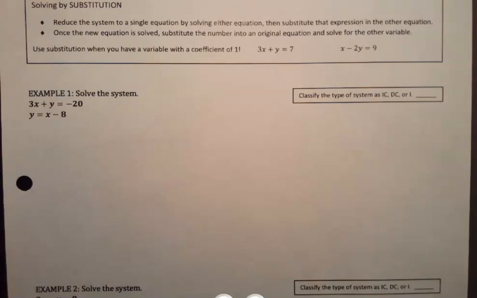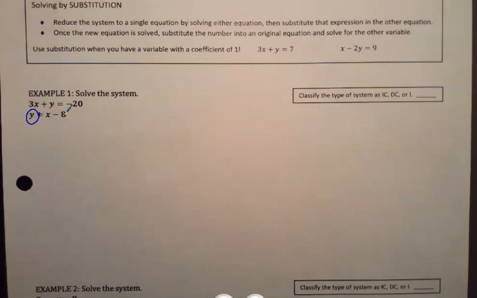The first thing we wanted to do was to reduce the system to a single equation by solving either equation. So we're going to solve for a variable. You just have to pick one. The nice thing is this one's already solved. It says y equals x minus 8. In this case, we don't have to do any work.